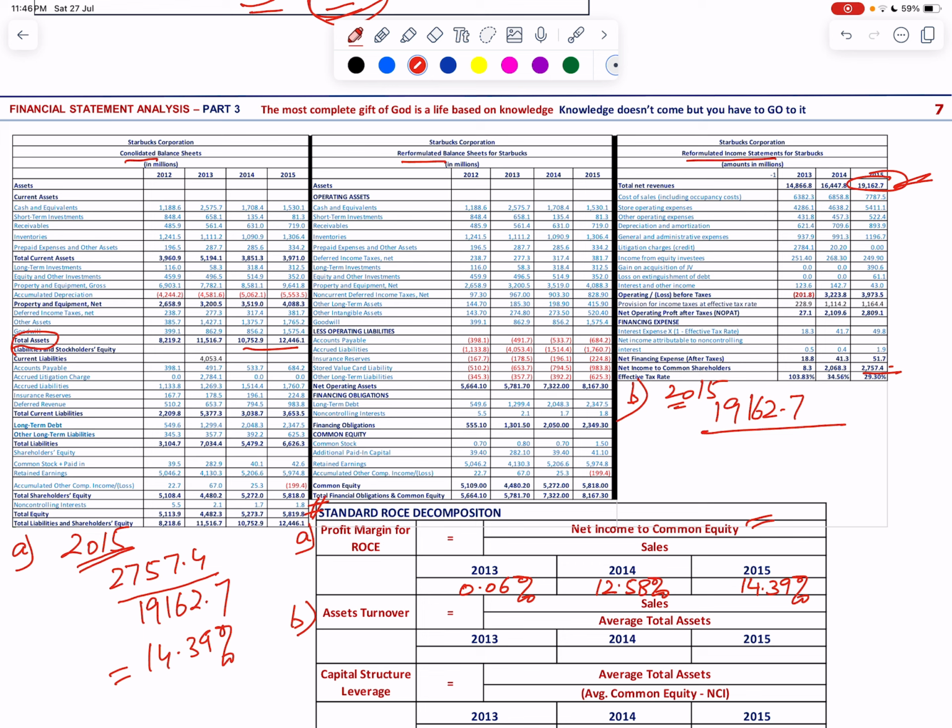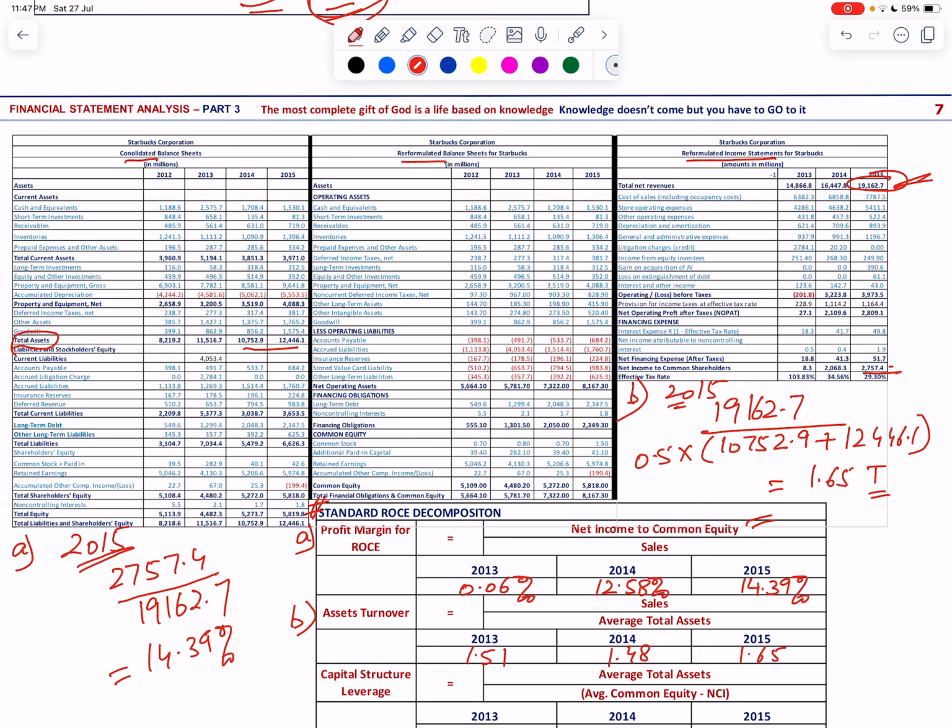So that is 10,752.9 plus 12,446.1, and because this is average, we have to multiply by 0.5 as well, and this will be equal to 1.65 times. So this is 1.65, this will be 1.48, and this will be 1.51.